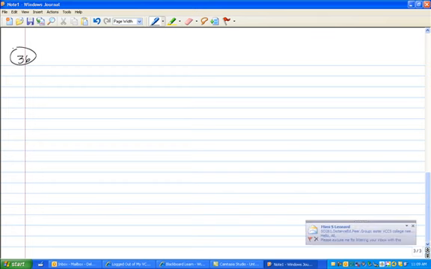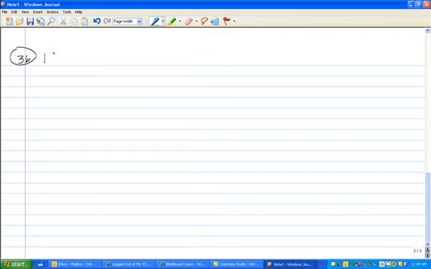Okay, so if it is a parallelogram, then it is a four-sided figure with opposite sides parallel.